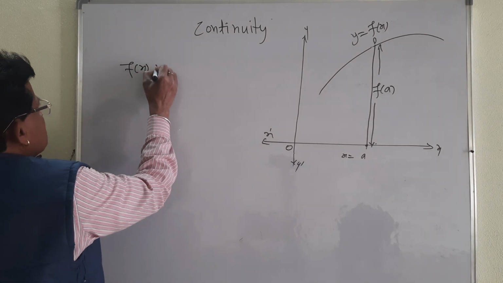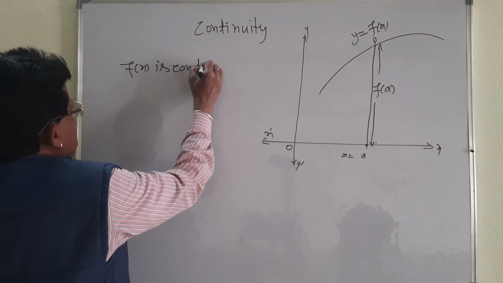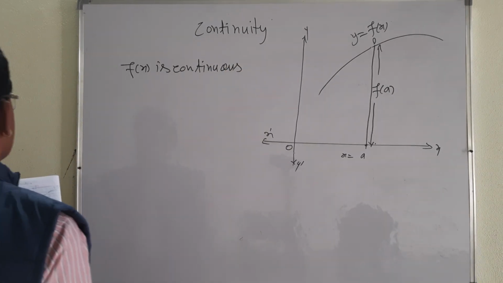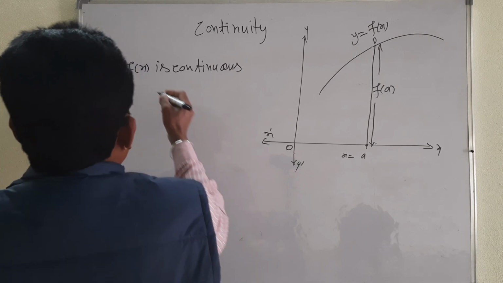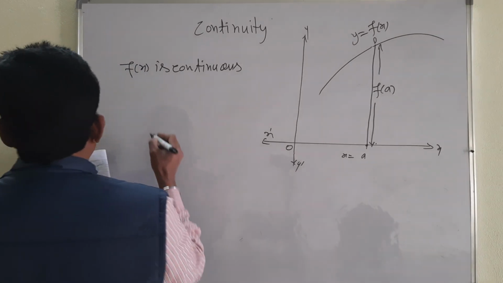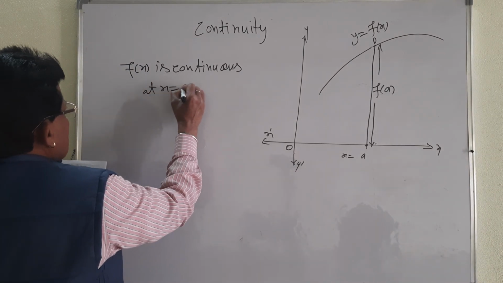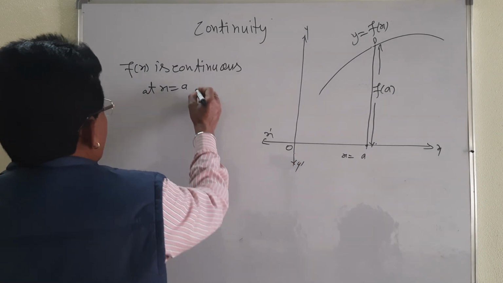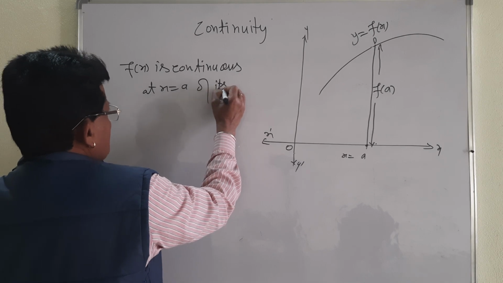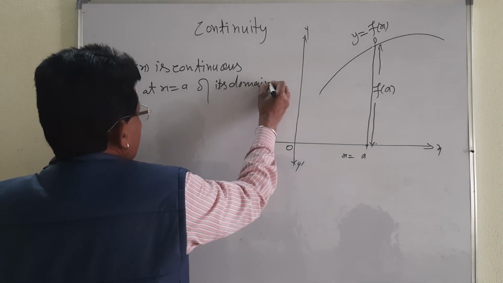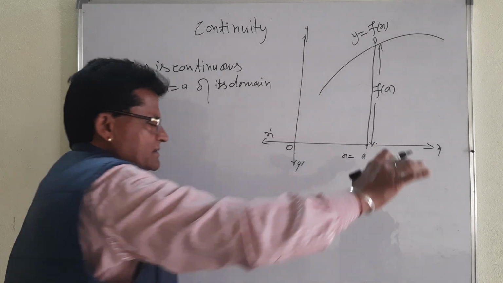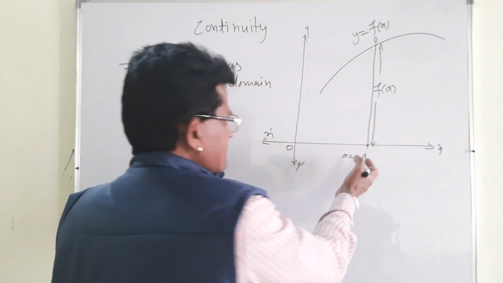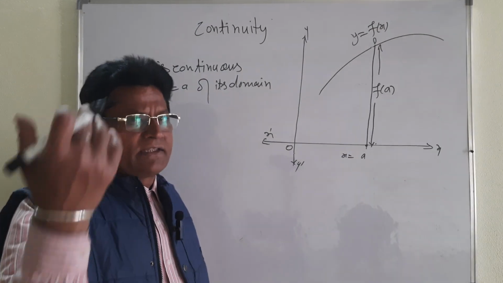My dear student, try to understand this definition so that you can understand the solution of the question. f(x) is continuous at x is equal to a, at point A of its domain. Domain is all the points on the x-axis. Not only A, in place of A you can take 1, 2, 3, 4, 5, anything.